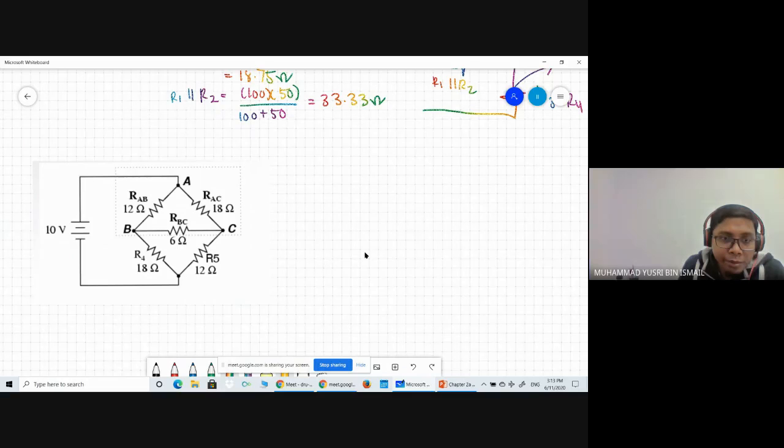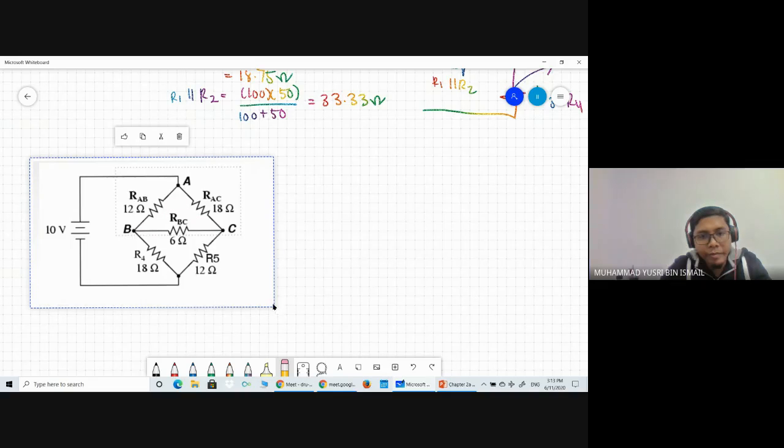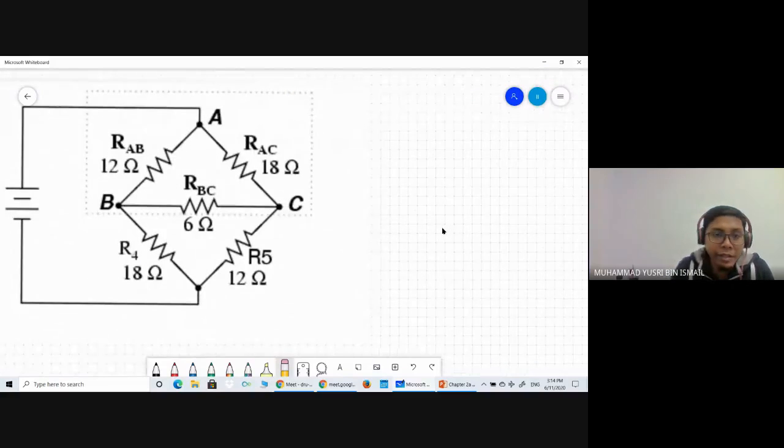Now imagine there is a Y connection. The Y connection will be in between the delta transformation.